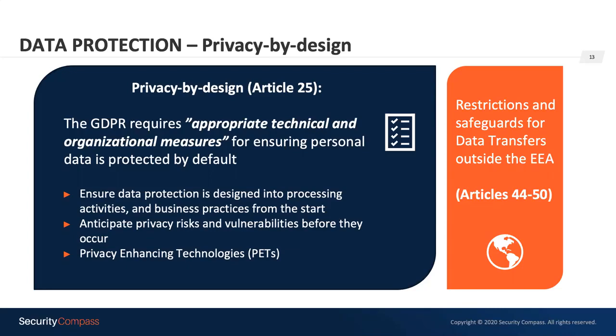This includes including data protection measures in the design phase of your processing activities, IT controls, and business practices, ensuring that data protection and privacy considerations are designed into data sources and IT systems from the outset.